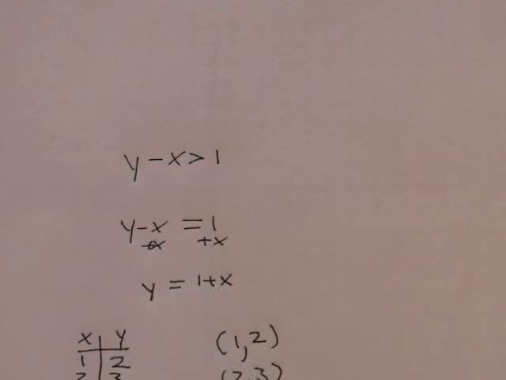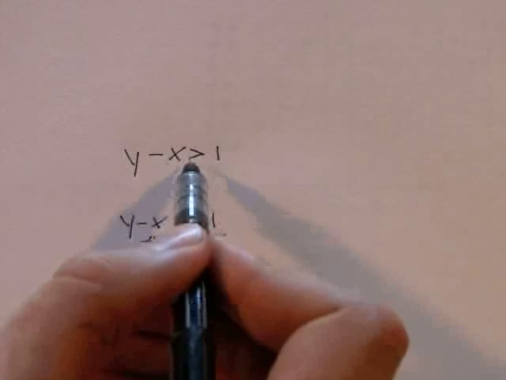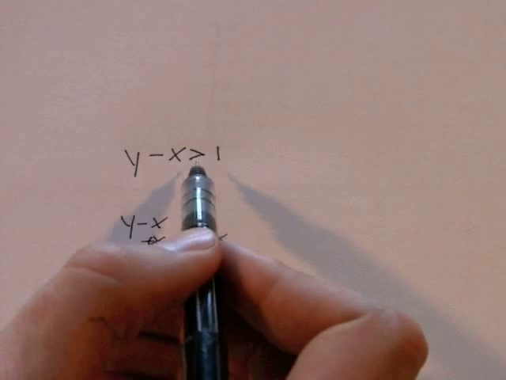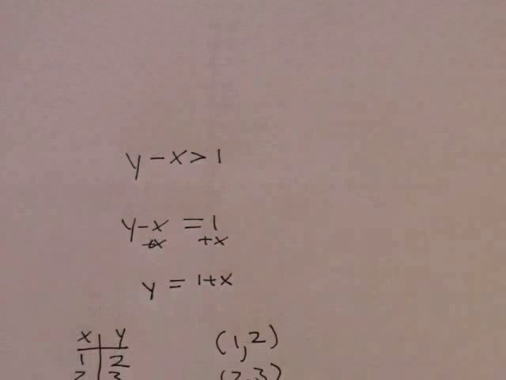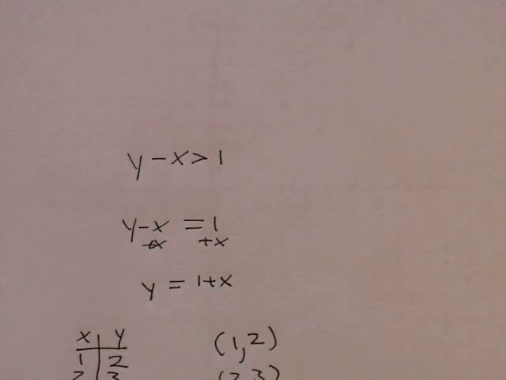We need to go back to the first expression with the inequality sign. Now we're going to actually make sense of this. When this is either greater than or equal to, or less than or equal to, that means there's an underscore under that sign, then you will draw a solid line.